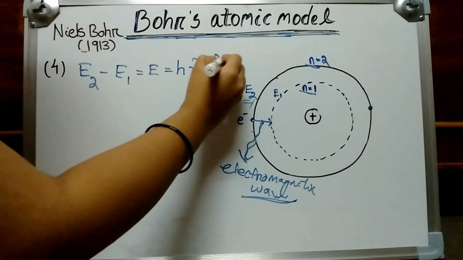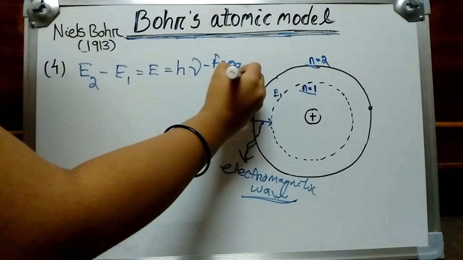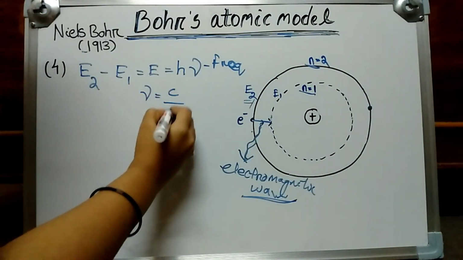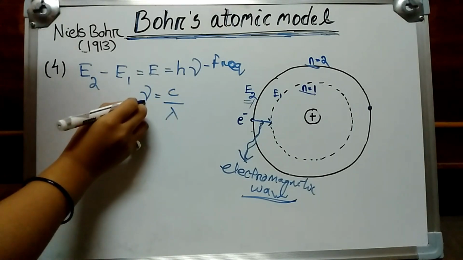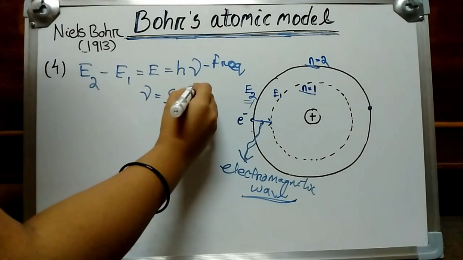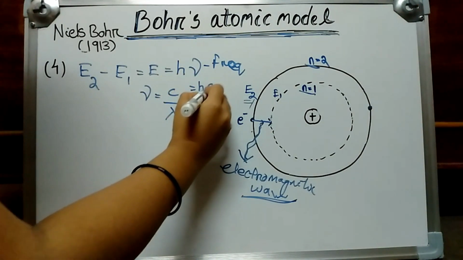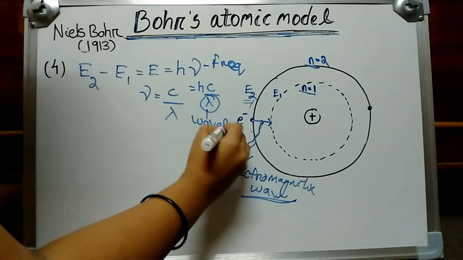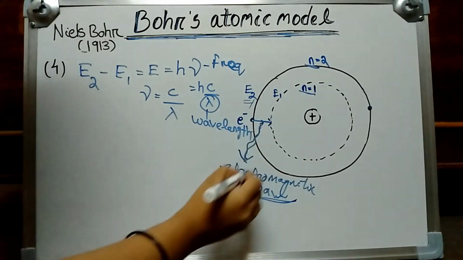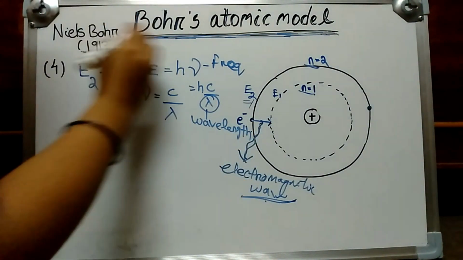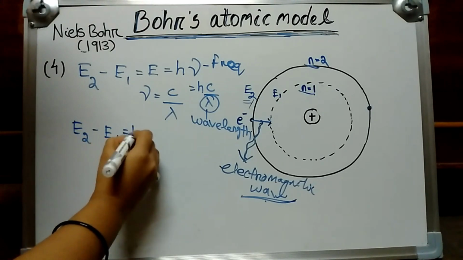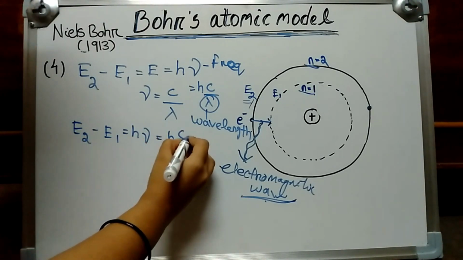We know that nu equals c by lambda, so putting the value of nu in this equation, h into c by lambda, where lambda is the wavelength of this electromagnetic wave. So we get the formula E2 minus E1 equals h nu, or h c by lambda.